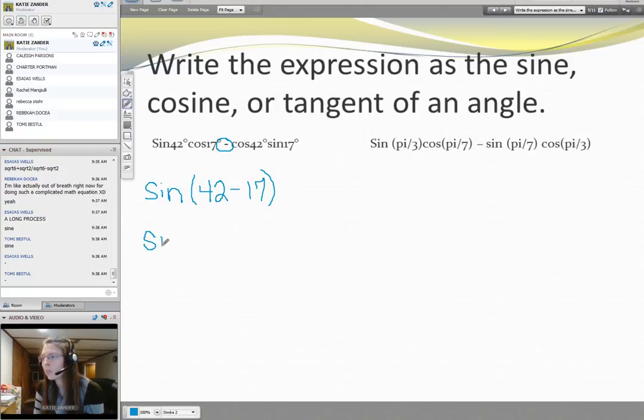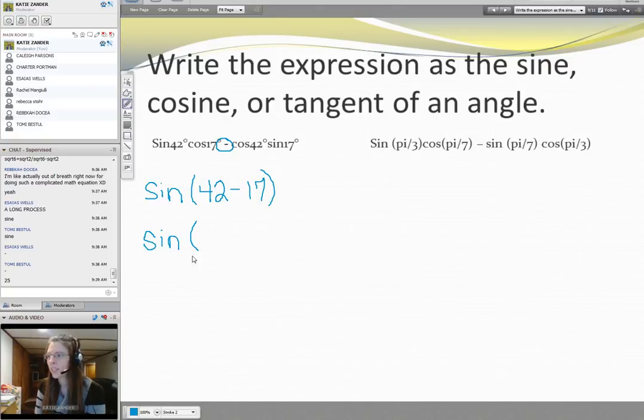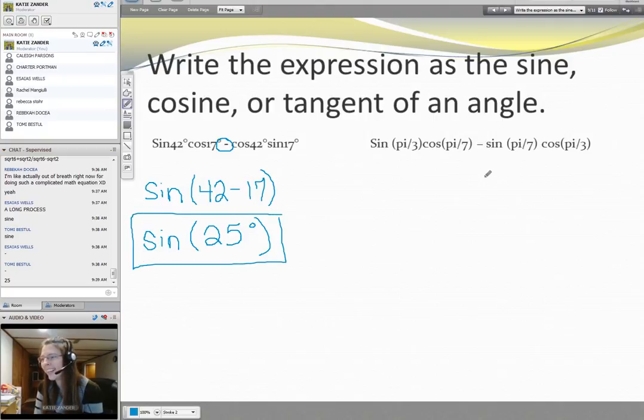What is 42 minus 17? 25. Awesome. We like these problems, right? All right, how about the next one?